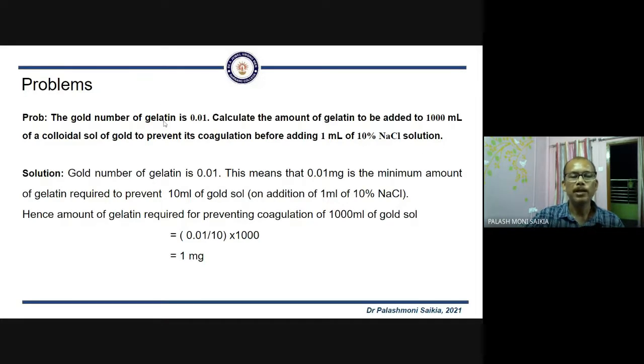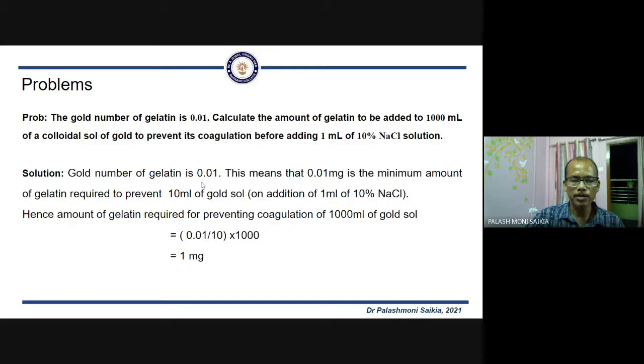So we have gelatin. Its gold number is given to us. We have to calculate what amount we need to prevent coagulation of 1000 ml of gold sol by adding 1 ml of 10% NaCl solution. Okay, so let's start from the gold number. Gold number of gelatin is 0.01.